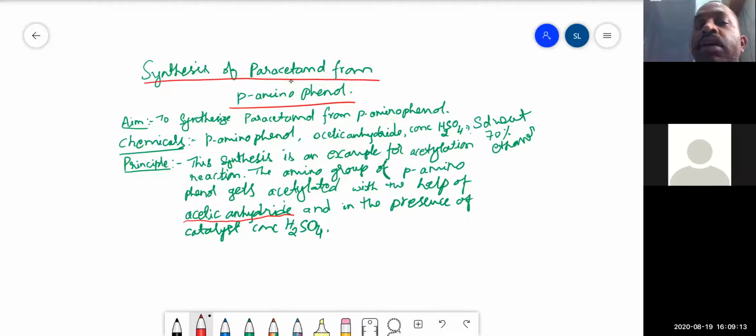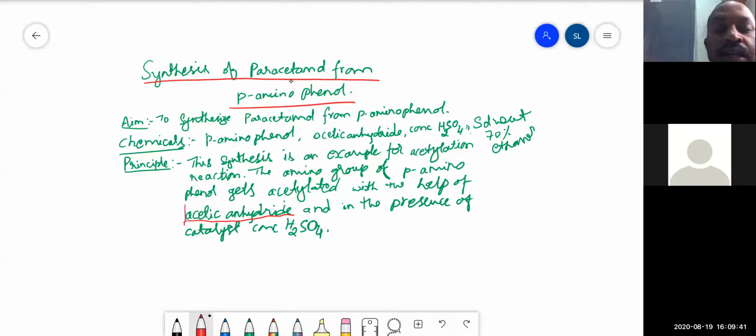We also have other acetylating compounds like acetyl chloride, but here acetyl chloride does not acetylate the amine group, whereas the acetic anhydride easily reacts with the amine group of the para-aminophenol to undergo the acetylation process.